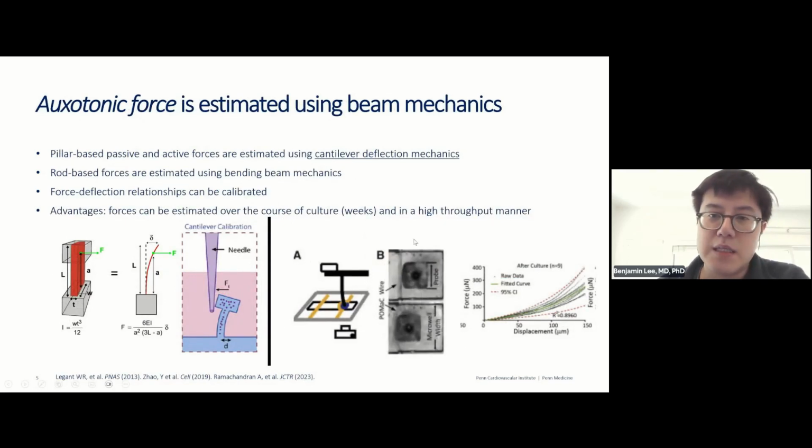These bending pillars or rods are incredibly convenient and elegant in the way that they can estimate auxotonic force, and I'll get into a little bit of what auxotonic means in a second.